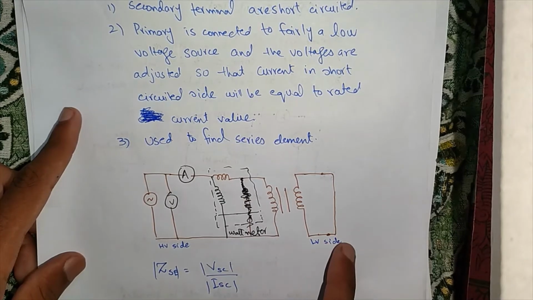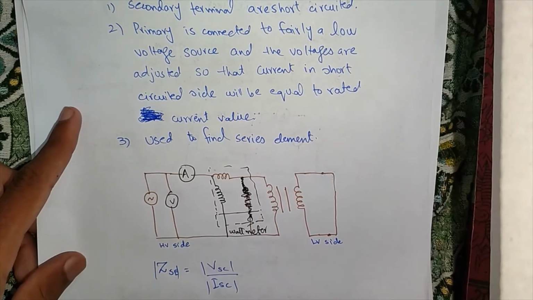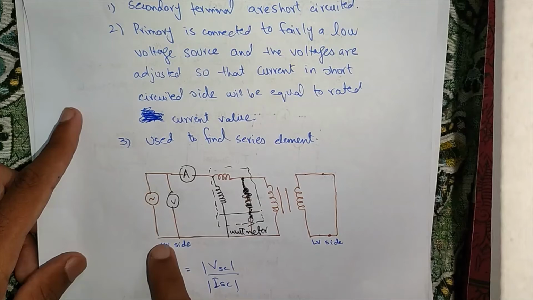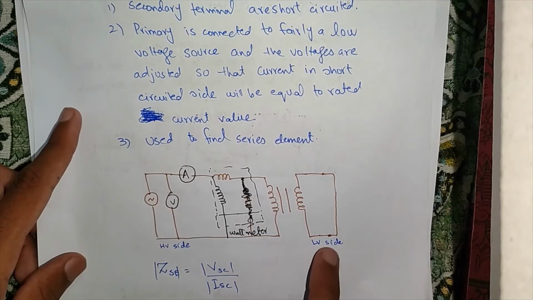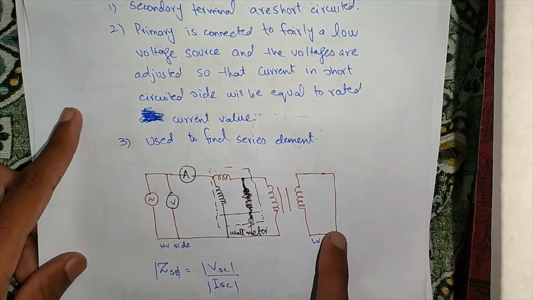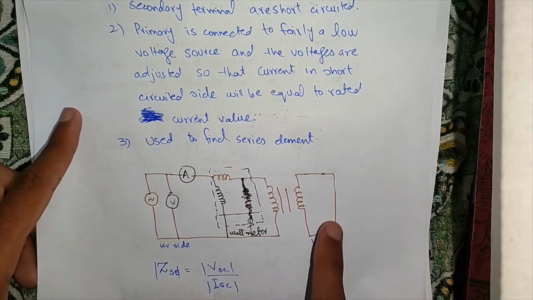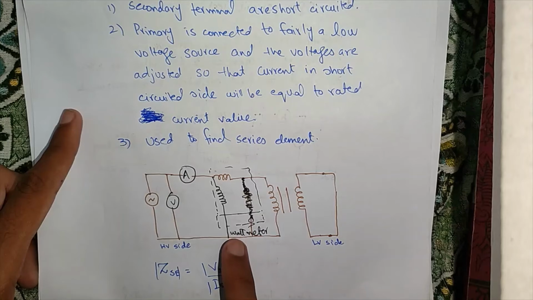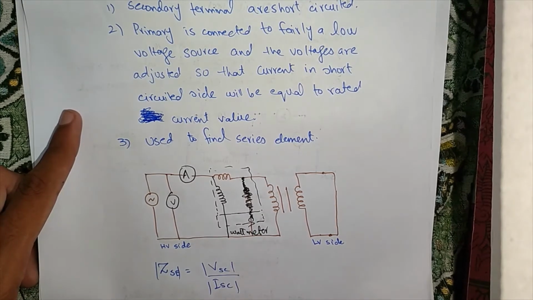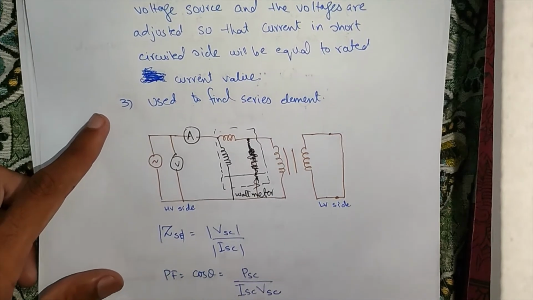The high voltage side is connected to a voltage source, and the voltage is varied such that the current in the low voltage side becomes equal to the rated current. The short circuit test is performed to find the series elements, including your resistance and reactance connected in series.